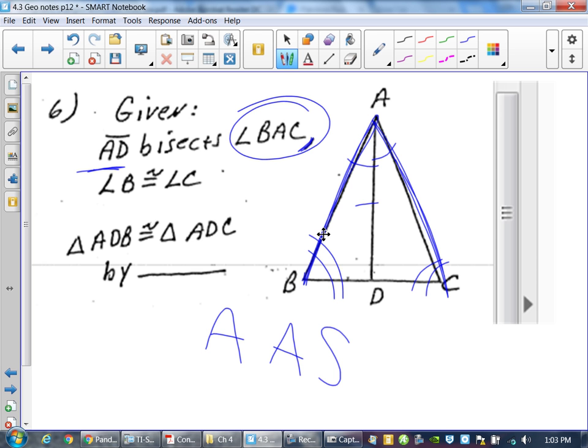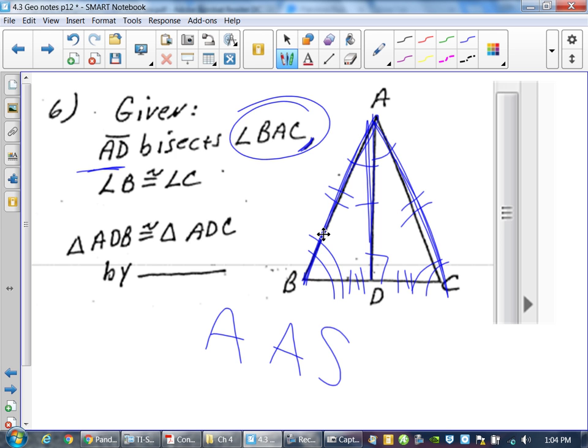Because here's what can happen. If these two base angles are the same, what kind of triangle is this? Isosceles. Isosceles, very good. This becomes an isosceles triangle. If you happen to have an isosceles triangle, and this is what we call the altitude of it, it is the perpendicular bisector of the side.